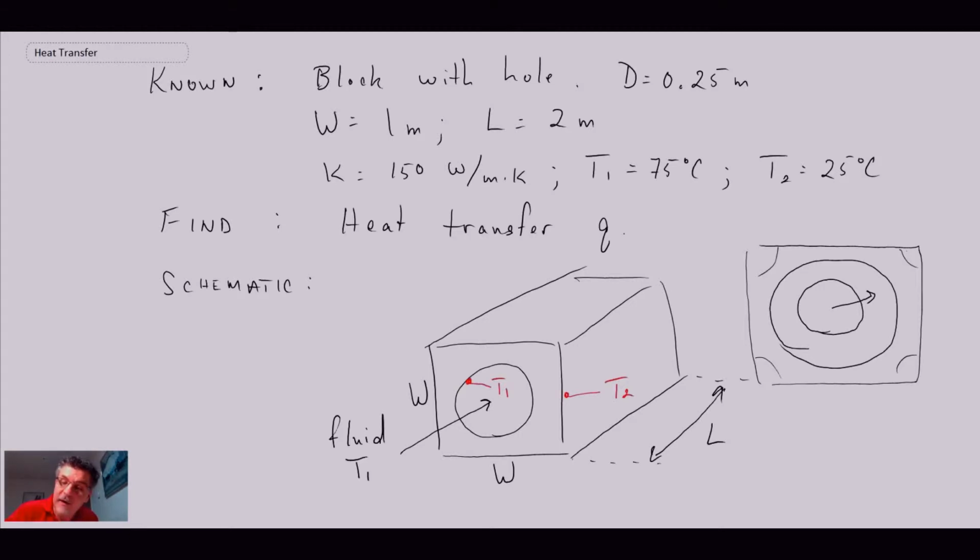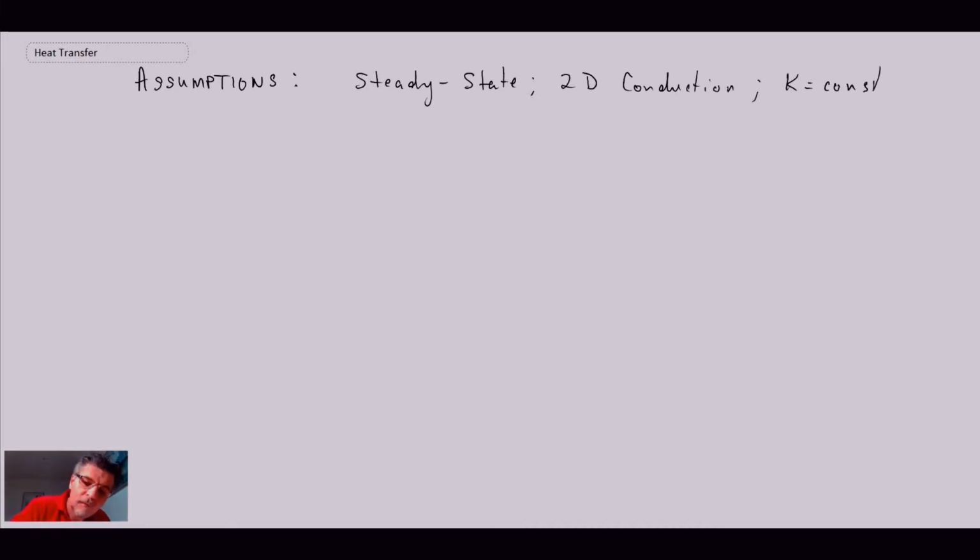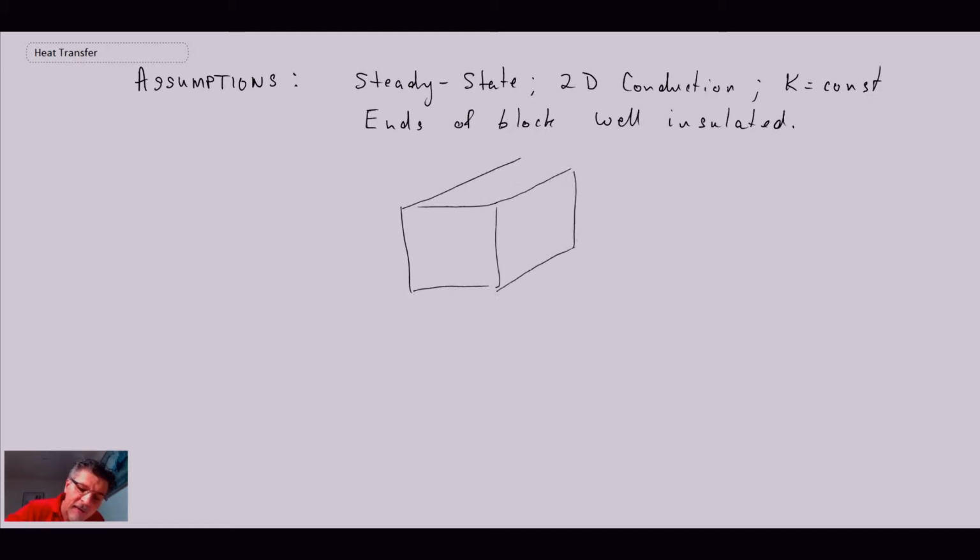So let's take a look at the assumptions, and then we'll work through the theory using the shape factor. We're assuming this is steady state and that we have 2D conduction. We're also assuming that the ends of the block are well insulated, because looking at the schematic again, this is 1 meter, that's 1 meter, and this is 2 meters.